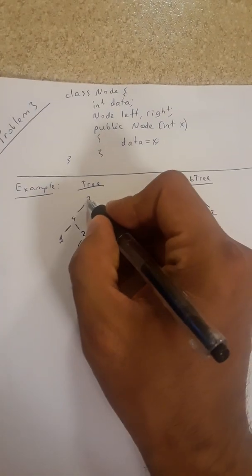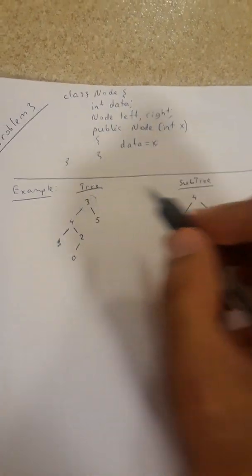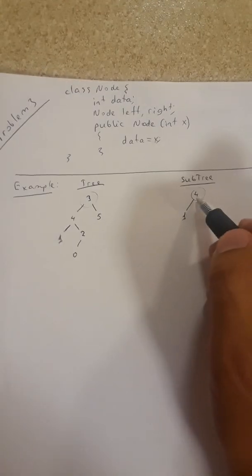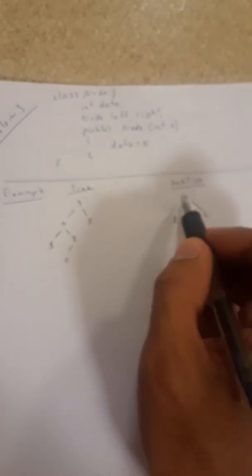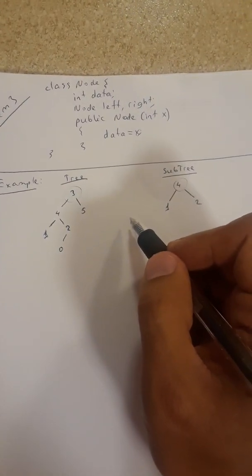For example, we will start checking from the root of the two trees, and I will just check if the data in the nodes are equal to each other or not. If they're not, I will just return false.